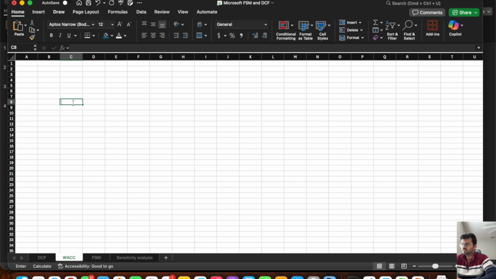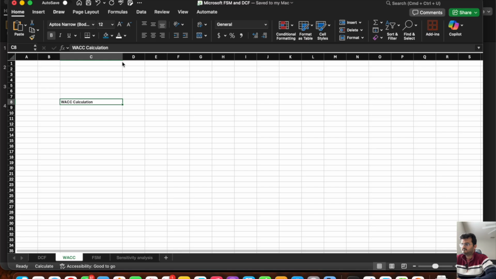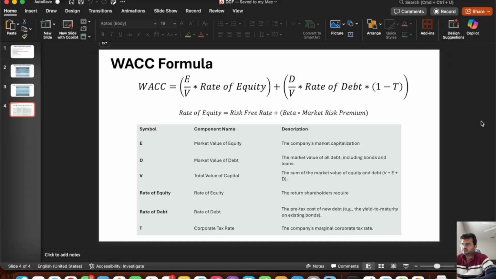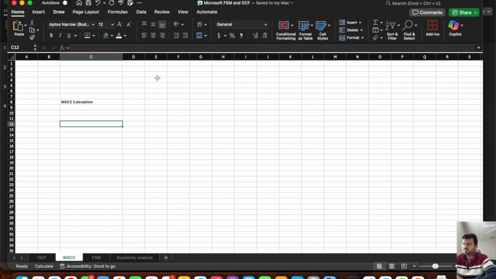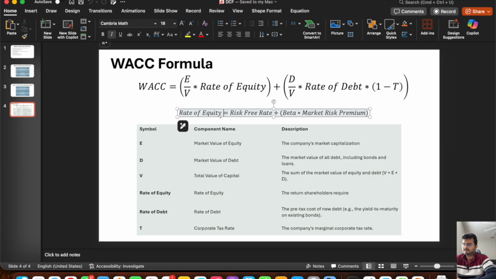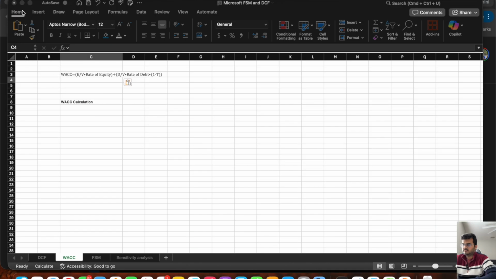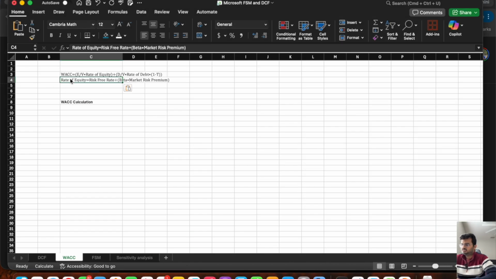So I will put WACC calculation. First, I'll just copy paste this formula from here into the Excel workbook, because this is what we will refer to most of the time. So first I'll input all the information we need. The first one, we will put rate of equity.